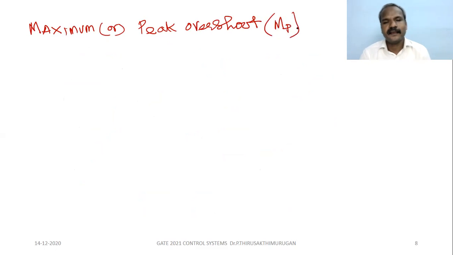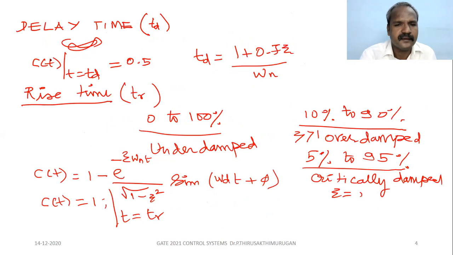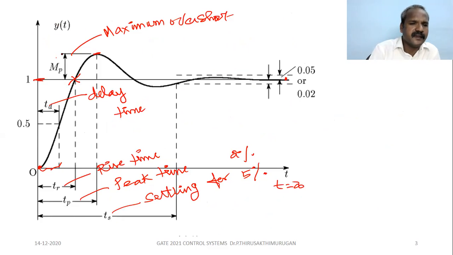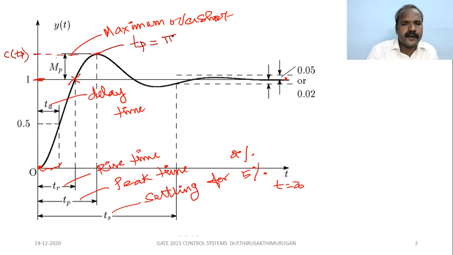So how to get MP? This is C of TP, where TP equal to pi by omega d, the first peak overshoot.